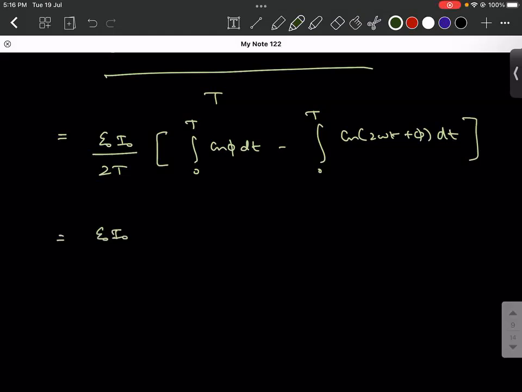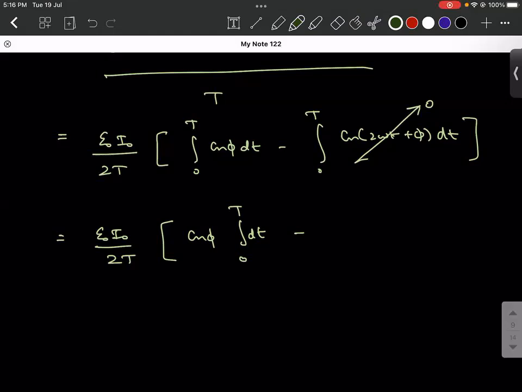So this will be equal to E naught I naught divided by 2T into, this cos phi will come out of the integral. Cos phi into integral of dt between 0 to T minus. You remember, integral of cos or sine over a complete cycle is always 0. So this will be 0.